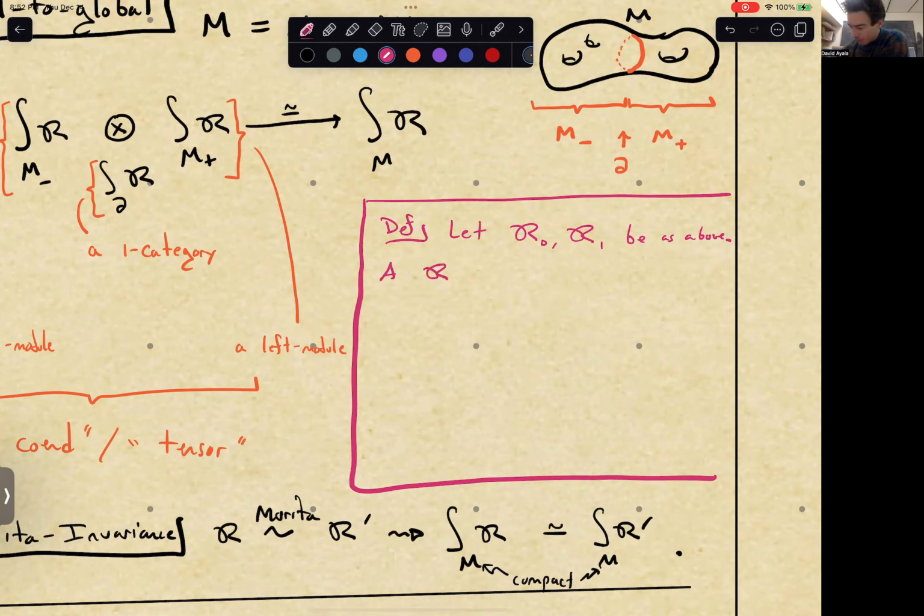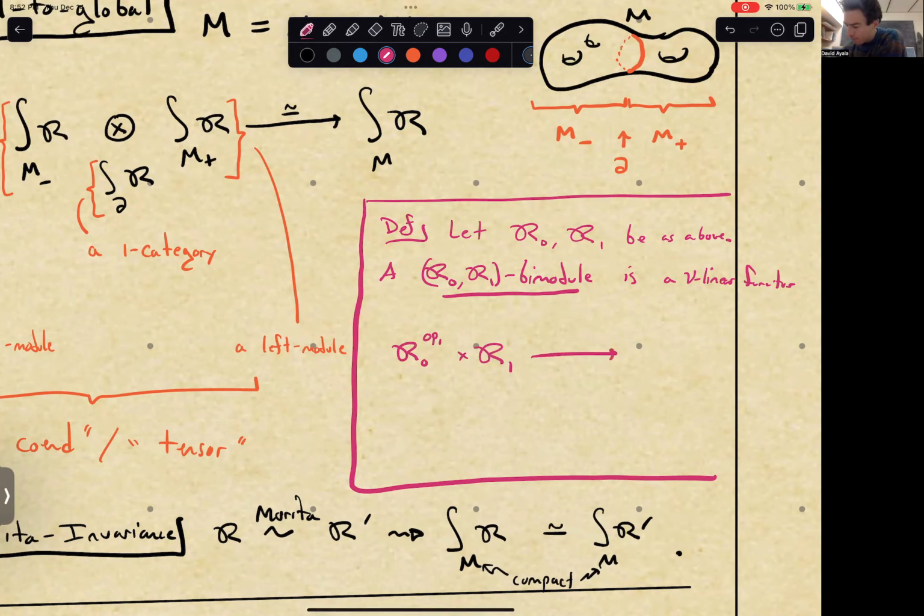An R0, R1 bimodule is a V-enriched, V-linear functor R0 op cross R1 to the category infinity n-1 of V-enriched categories.